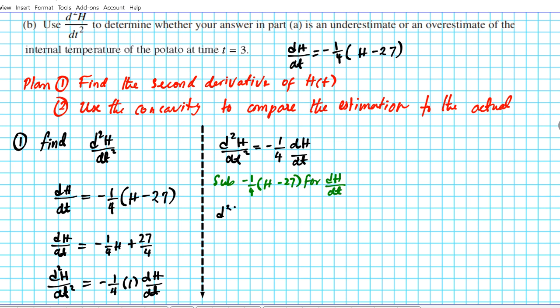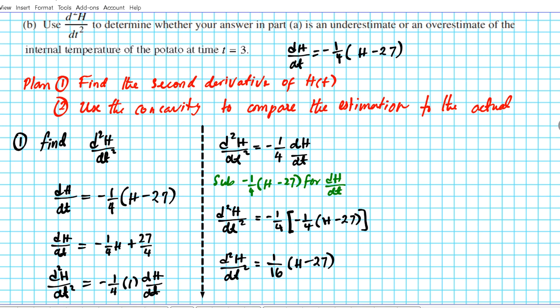So d squared h dt squared is equal to negative 1/4 times, in brackets, negative 1/4 times the quantity h minus 27. Then if it distributes, the second derivative, d squared h dt squared, is equal to, actually that becomes a positive, so it becomes 1/16 times (h minus 27).